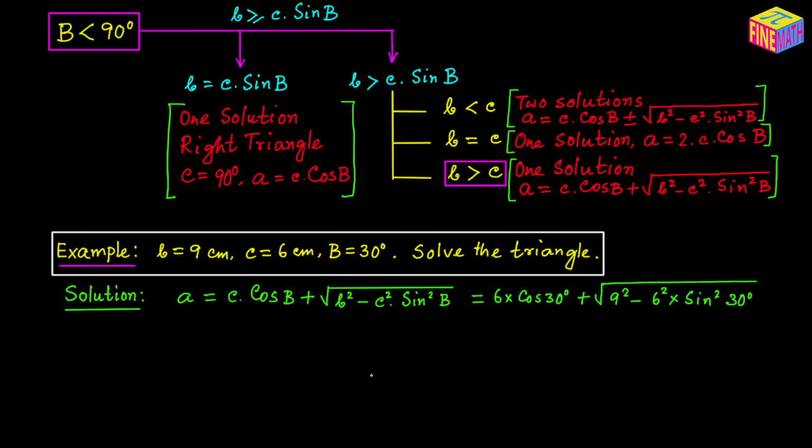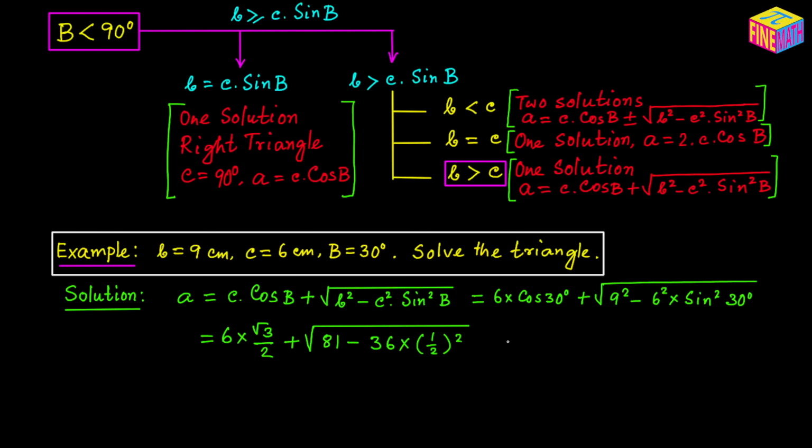Now let's simplify this. The first term will be 6 times square root of 3 over 2, because cosine of 30 degrees is equal to square root of 3 over 2, plus square root of 9 squared is actually 81, minus 6 squared is 36, so that would be 36 times sine squared of 30 degrees. We know that sine of 30 degrees is actually 1/2, so sine squared of 30 degrees would be 1/2 squared.